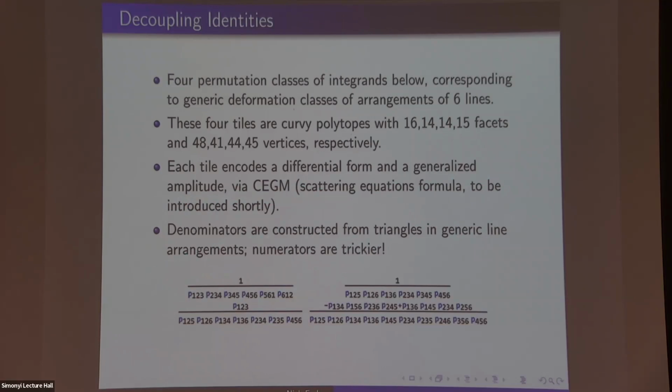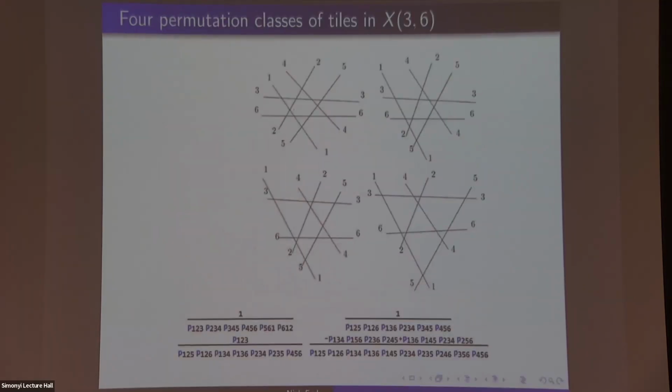From each line arrangement, you're going to construct a differential form, or in this case, the coefficient of the differential form. Okay, so these are the 4 kinds of analogs of Parke-Taylor factors. So here are, up to relabeling, one representative from each of the permutation types of each tile.